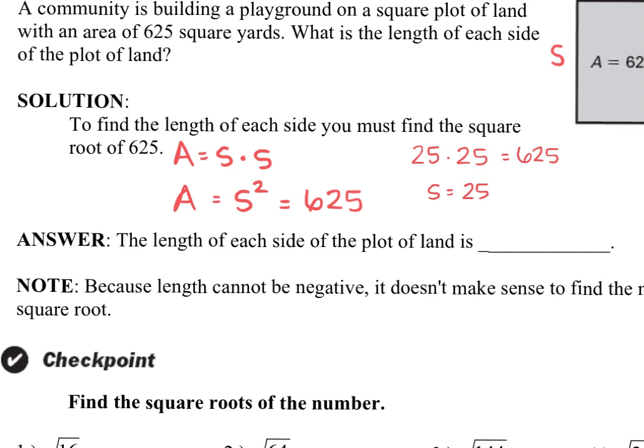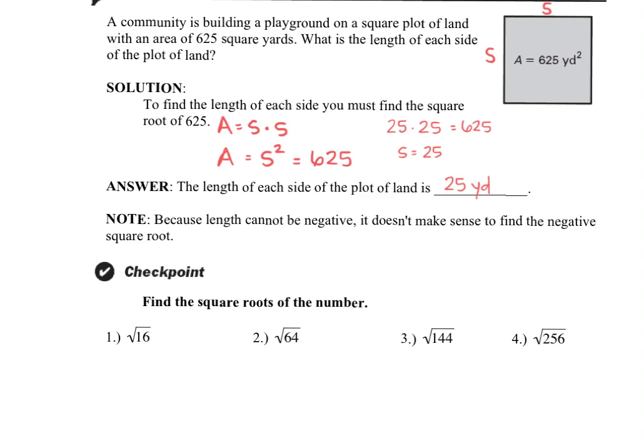Now, we just talked about how the square root of 625 could be positive or negative, but we know that distance can't be negative, and so therefore this would have to just be 25 yards. Now, we're going to look at equations in more detail in just a minute, so we will get that figured out in even more detail. But for right now, you could see that we could find the side length by figuring out what number times itself would equal the area.